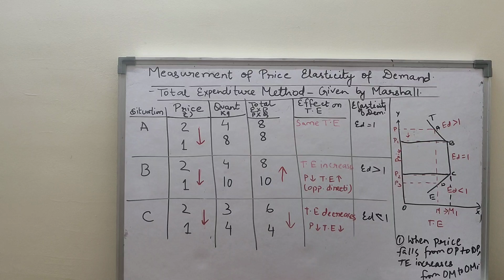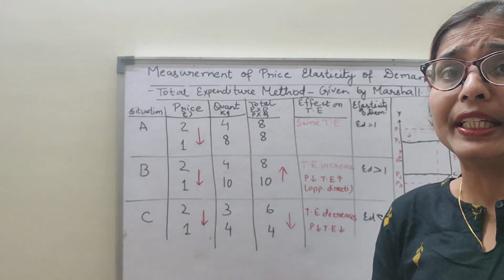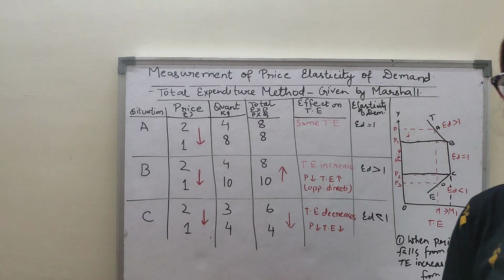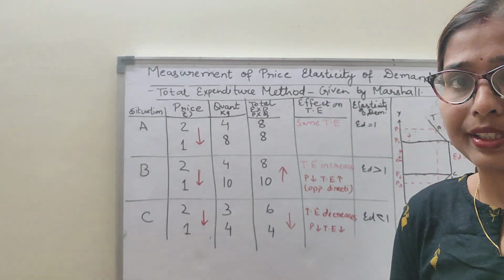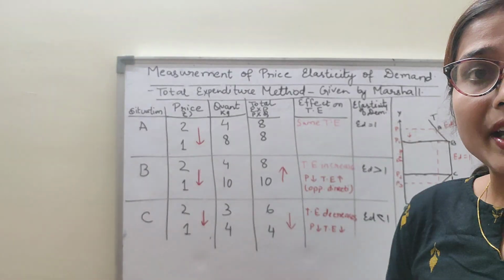So what I can see, children, is that the total expenditure method enables us to know only whether price elasticity is greater than 1, equal to 1 or less than 1. Clear? It does not show us the exact measure. It does not give us the exact measure of the price elasticity. It just shows whether it is equal to 1, greater than 1 or less than 1. So this is the third method which I have explained.